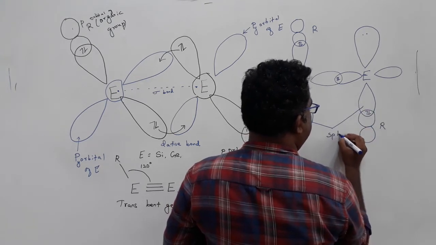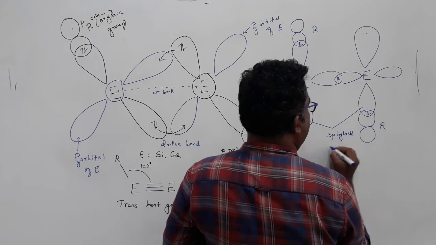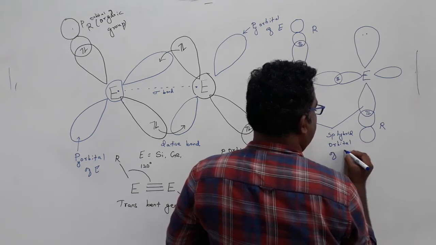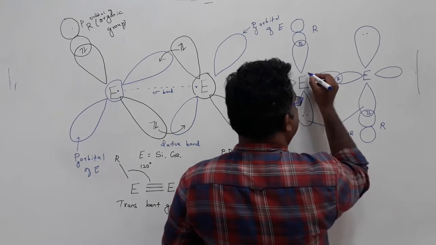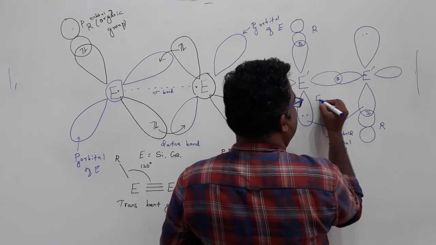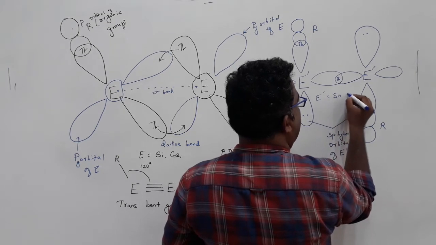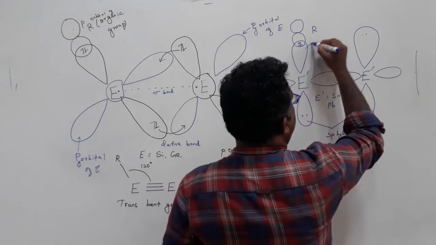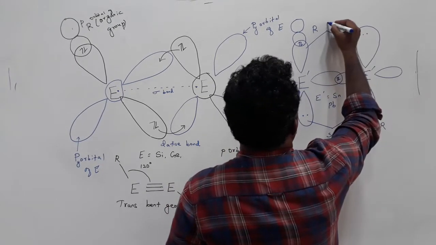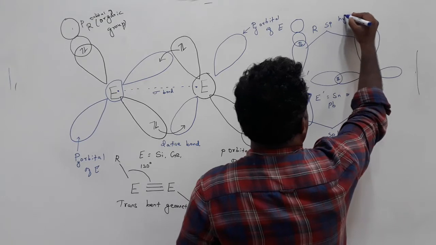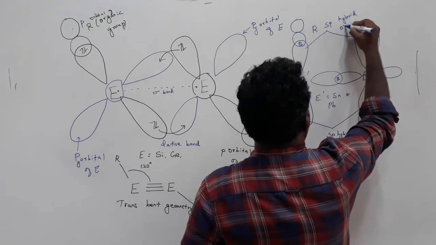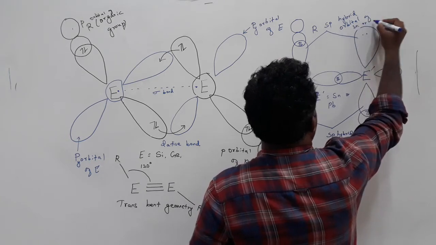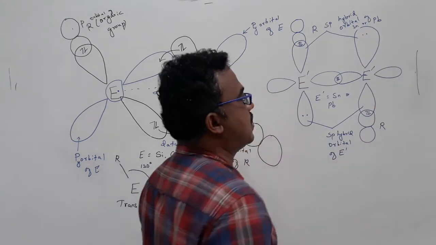Both of them are sp hybrid orbitals of E prime. E prime is equal to tin or lead. This one is again an sp hybrid orbital of tin or lead. Okay, so now you can see the structure.